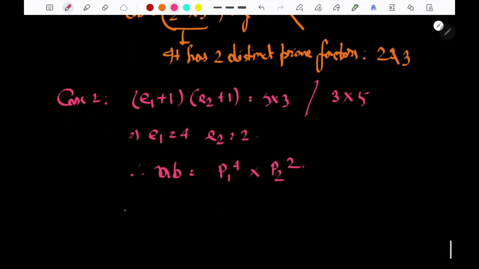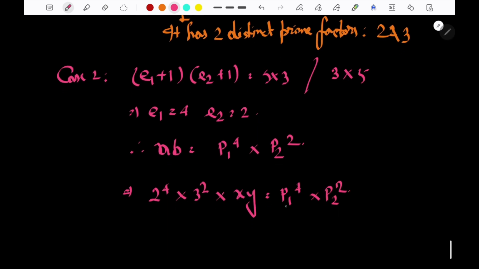Our expression, 2 to the power 4 into 3 square into xy, that was AB, is equal to P1 to the power 4 into P2 to the power 2. Now if we start comparing, P1 can be 2, P2 can be 3, and xy is equal to 1.